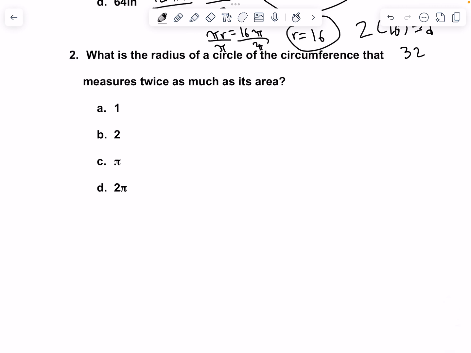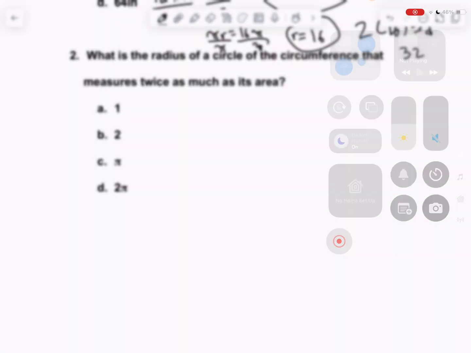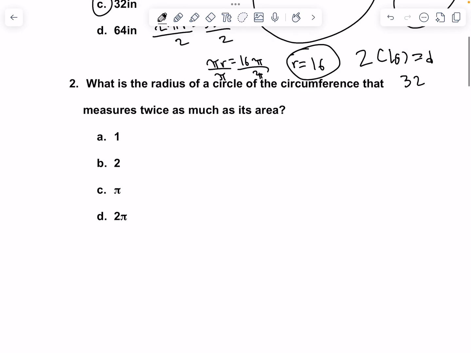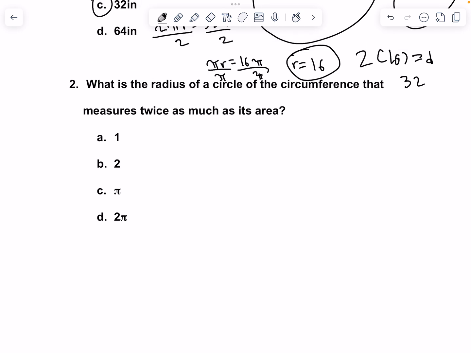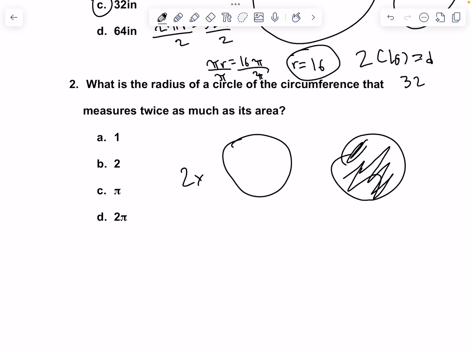Number 2 says, what is the radius of a circle of the circumference that measures twice as much as its area? Basically what it's saying is, what circle's circumference is 2 times more than the area of a circle?